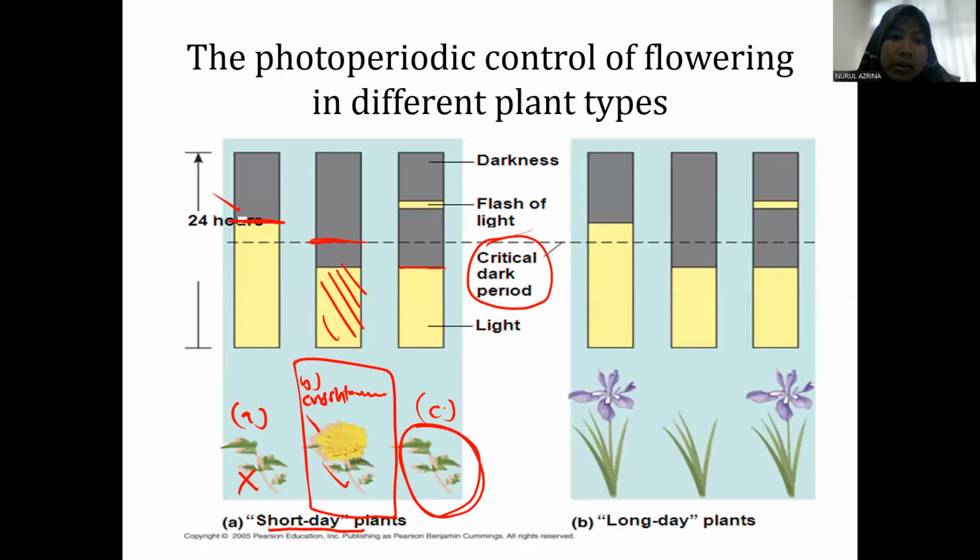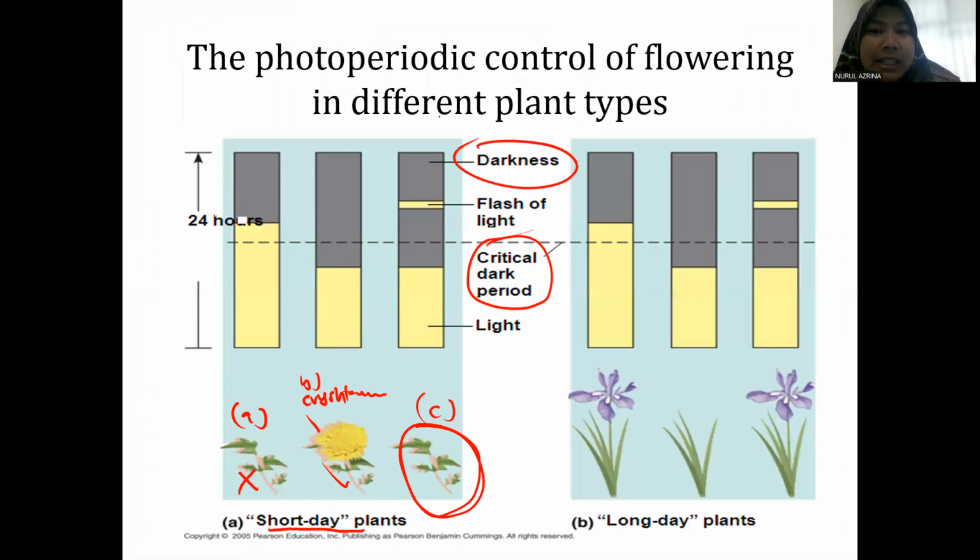Sorry, I was wrong. Okay, again, I repeat. This is a short day plant. So remember, short day plant means long night plant.